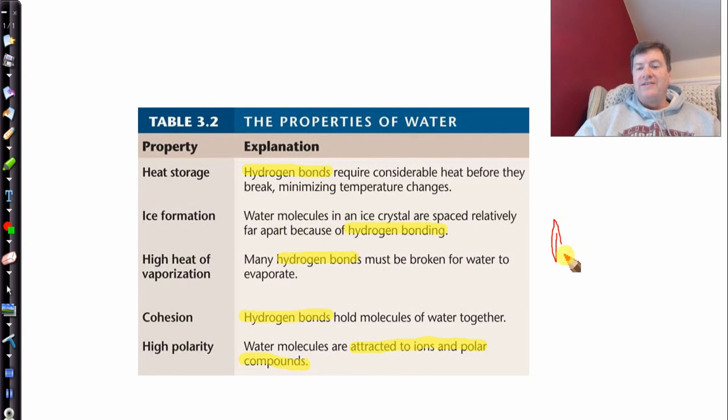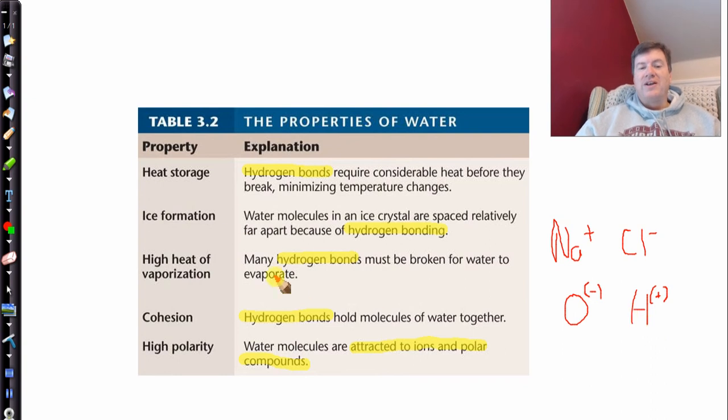If I have NaCl and I have ultimately Na+ and Cl-, if you think about a water molecule, the sodium, the positive part, is going to be attracted to the oxygen of water. The chlorine is going to be attracted to the hydrogen of water because, again, this is going to be slightly negative and this is going to be slightly positive.